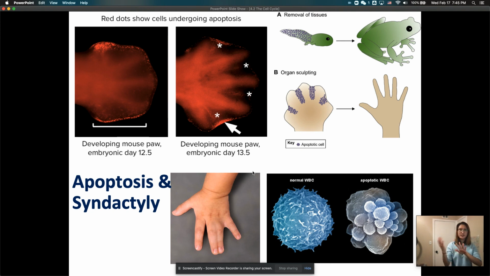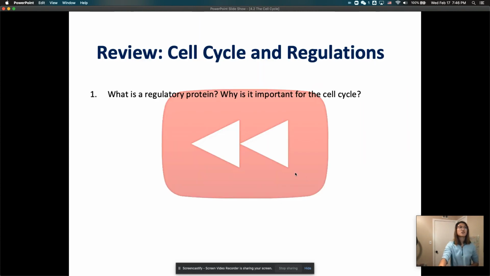But they don't really just disappear out of nothing, right? It's really the cells will go through apoptosis in between the fingers so that you get actual fingers. Same idea with the tadpole to a frog. When the tail disappears, it didn't really disappear, right? The cells actually went through apoptosis, the programmed cell death, and then the cell material gets recycled and reused, hopefully. Normal cell, apoptotic cell. Review.